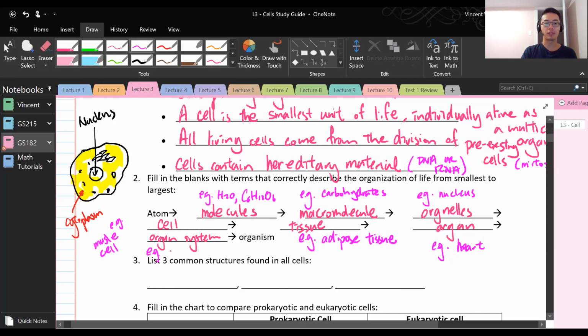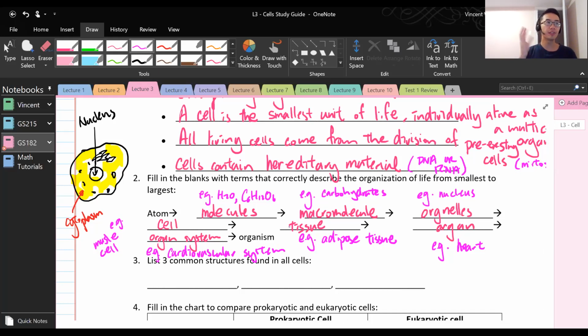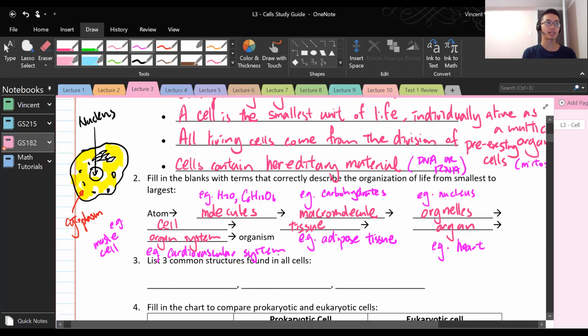So the heart is part of the cardiovascular system. Okay, the kidney is part of the renal system, the urinary system. Okay, the liver is kind of weird. It's part of the digestive system, but it's also part of the system that helps you detoxify toxins from your body. So it's a little bit tricky to place that one, but the heart would be part of the cardiovascular system.